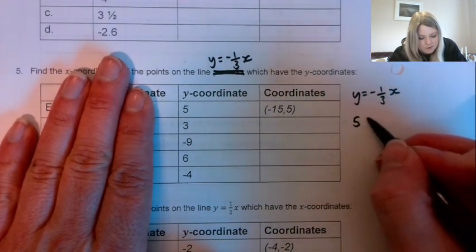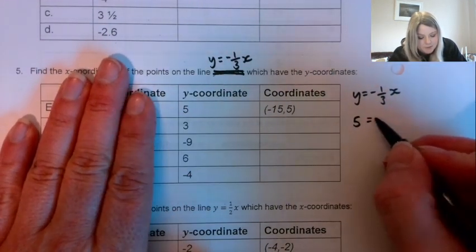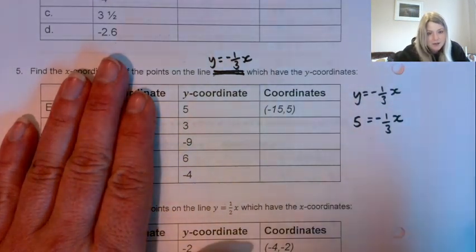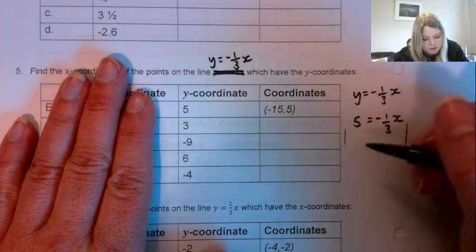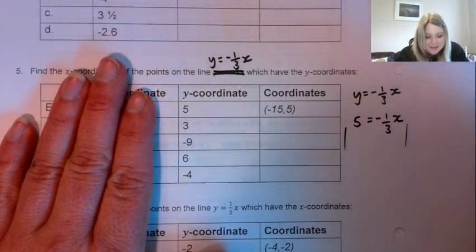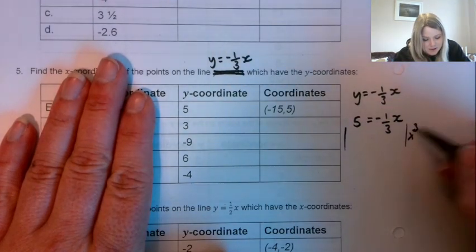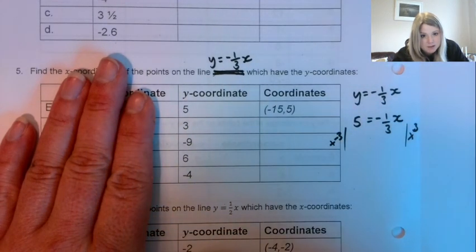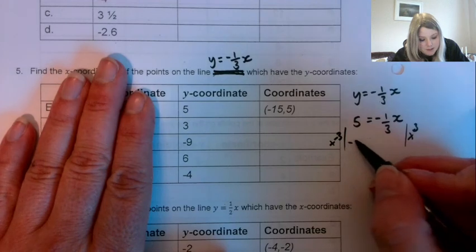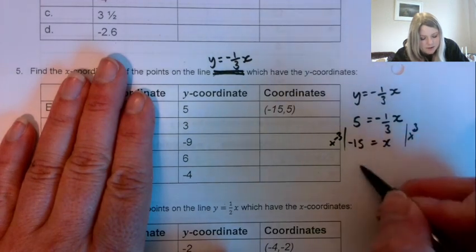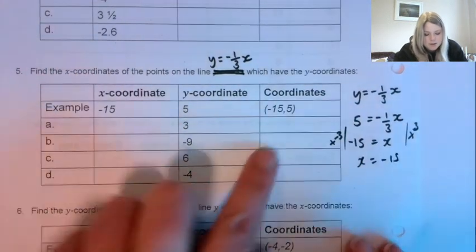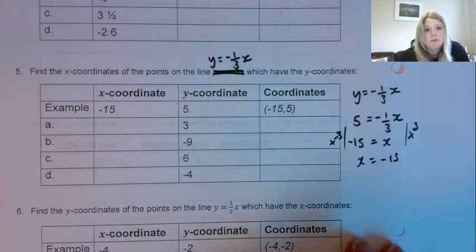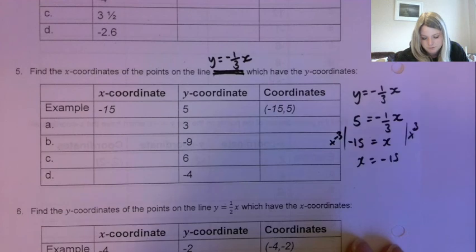So 5 equals, and I've got that from there, minus a third x. So to get x on its own, we're going to have to multiply by minus 3. Isn't that sneaky? So 5 multiplied by minus 3 gives me minus 15 equals x. So that's where this value has come from, right? So in this one here, you're going to always be multiplying by minus 3.